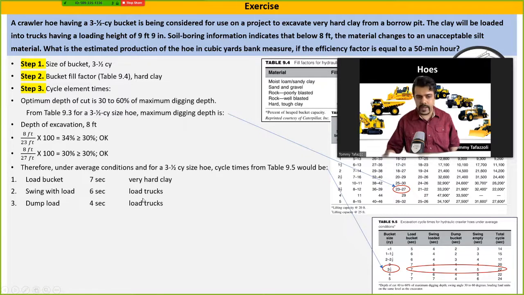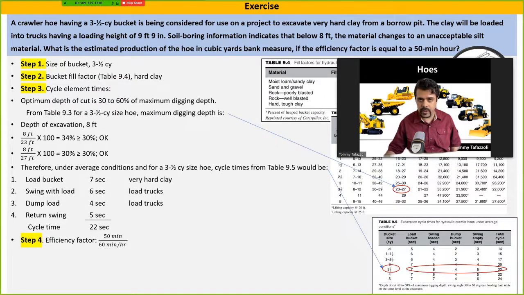It takes 7 seconds to load the bucket, 6 to swing, 4 to dump, and 5 to return. That gives us a total cycle time of 22 seconds. Now all of the elements of that equation are available, and the efficiency is 50 minutes an hour. So we can just insert it.